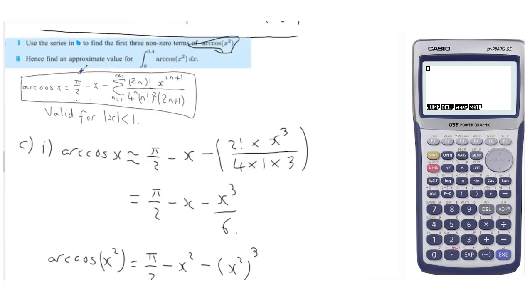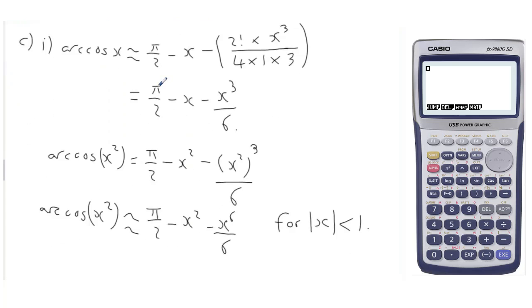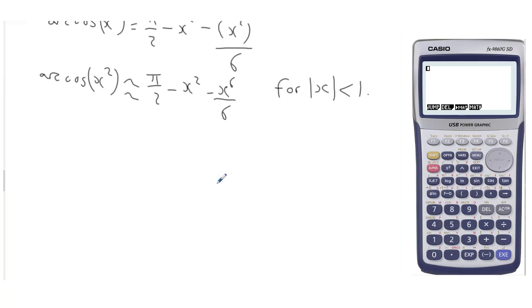Okay, part C2, hence find an approximate value for the integral between 0 and 0.4 of arc cos x squared dx. So as I said already, we're just going to integrate this. So this is part C2.